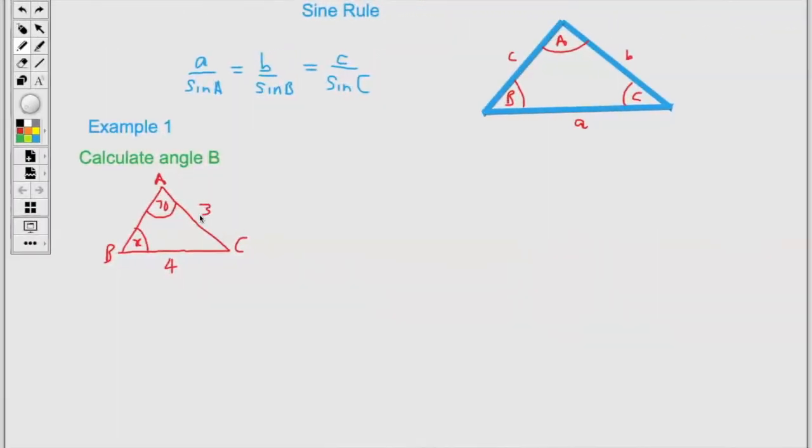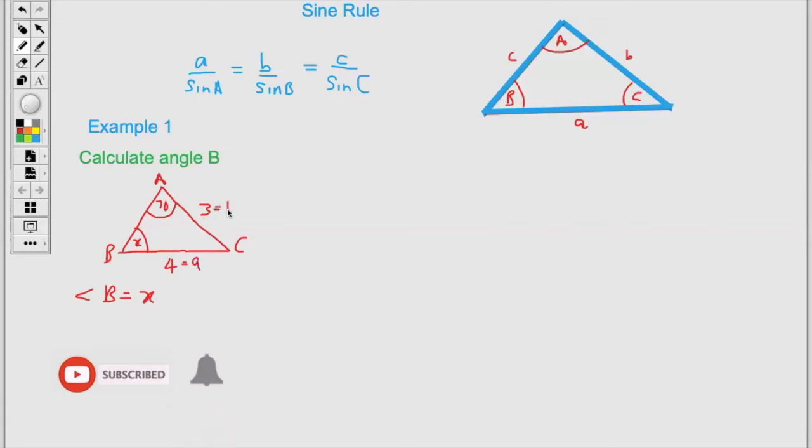Now calculate the angle B. Here we have one angle, two sides, and we're finding another angle. So let's look at the information that we have. We have angle B, which is the unknown that we're finding, and angle A, and we also have side a and side b. Remember, the side is facing the angle.